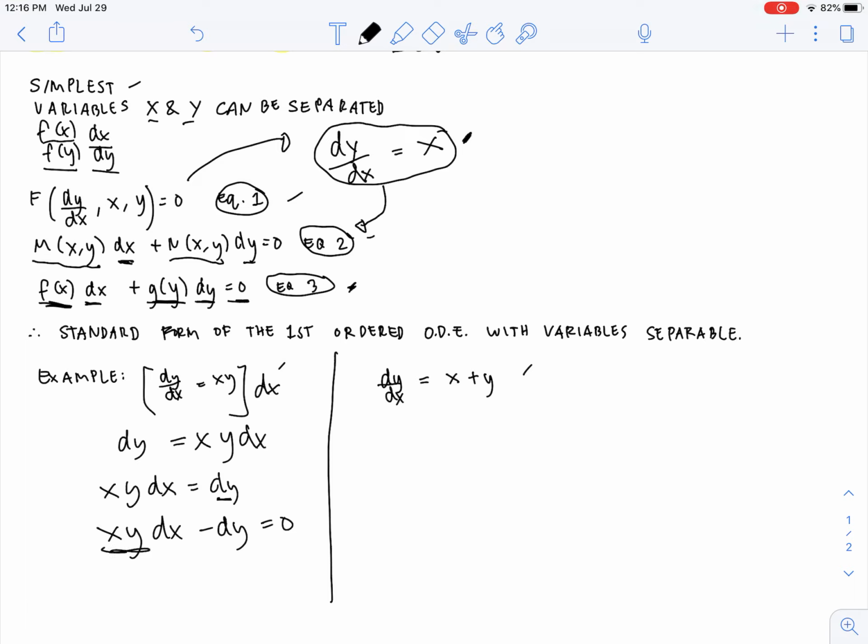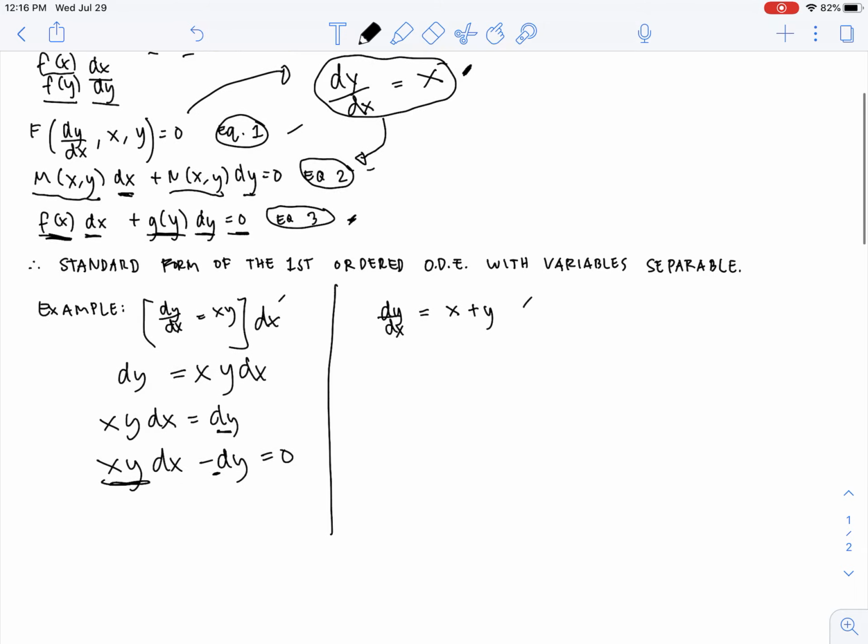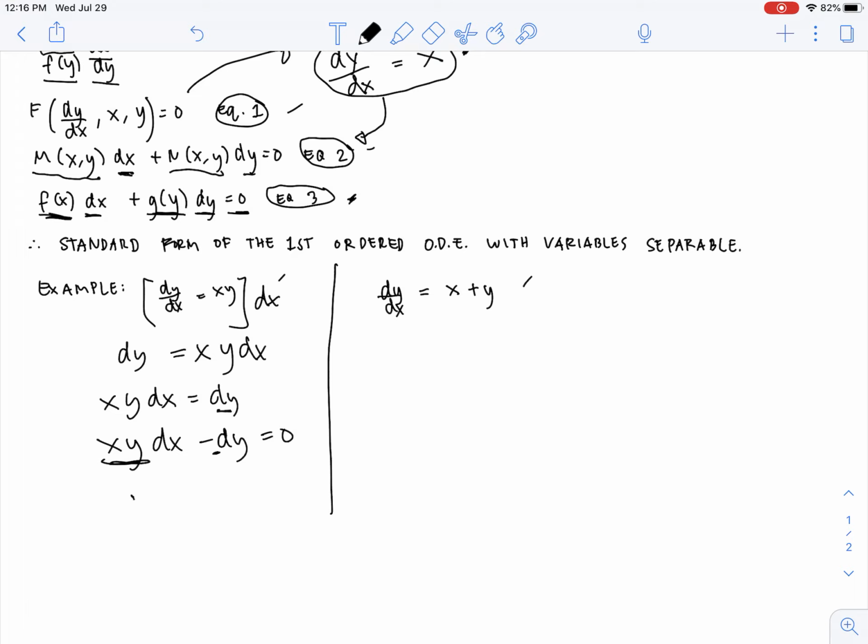M is xy, and N is the invisible value, negative 1, with dy. Okay? So we can conclude that this is a variable separable type of differential equation.